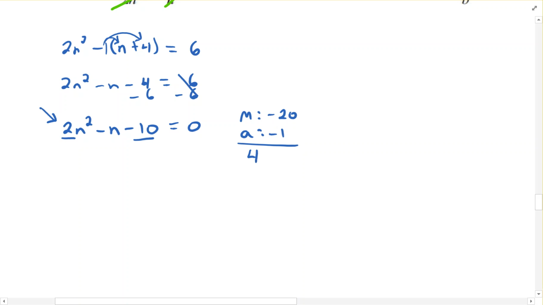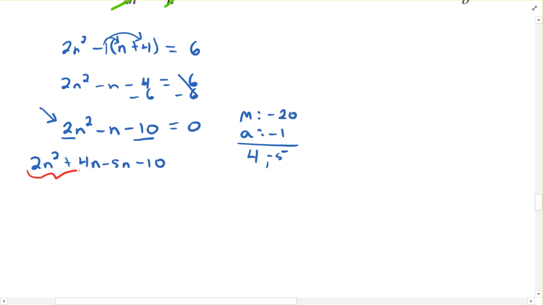So what about 4 and 5? And then the 5 would be negative. Yeah, so they would add to negative 1. They would multiply to negative 20. Okay, so those are our numbers. We're going to rewrite this expression as 2n squared plus 4n minus 5n minus 10.